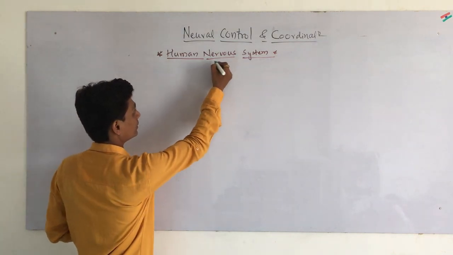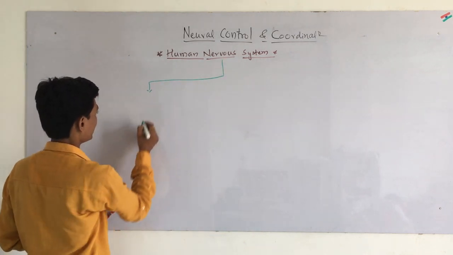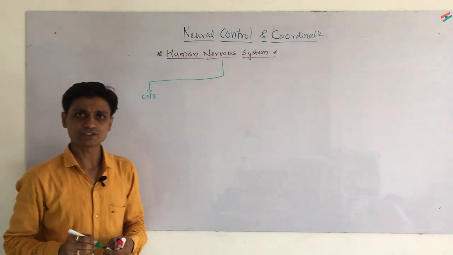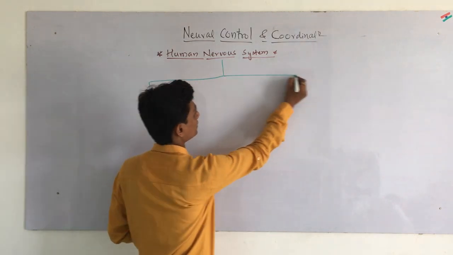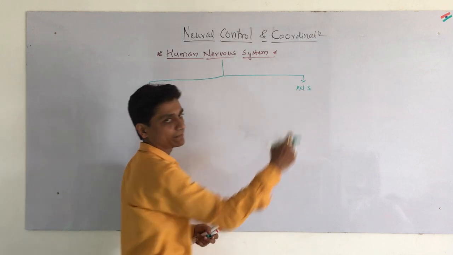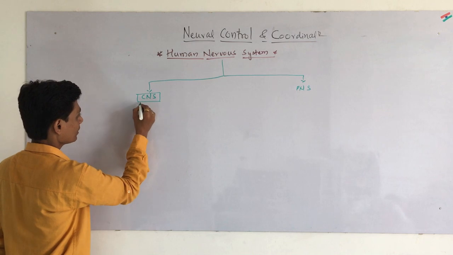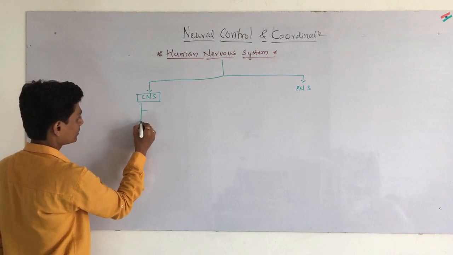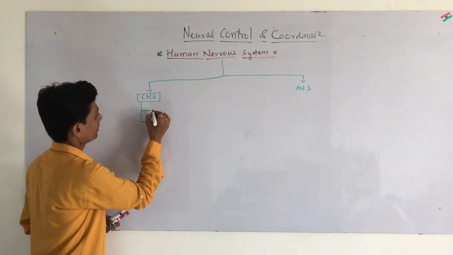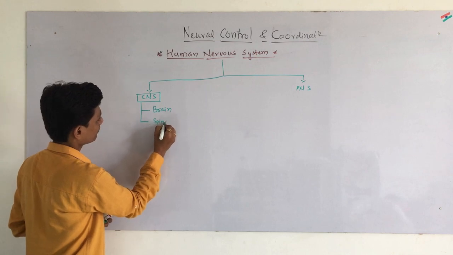So the human nervous system consists of two parts: first, CNS, the central nervous system, and second, PNS, the peripheral nervous system. The CNS includes two main subparts: first the brain, second the spinal cord.